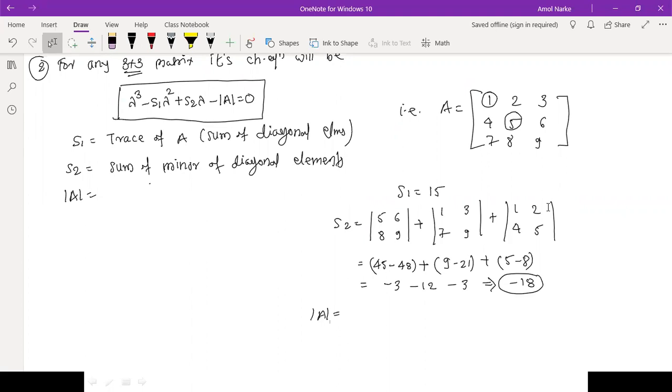The other one, 1, 2, 3, 4, 5, 6, 7, 8, 9. I think it is 0.